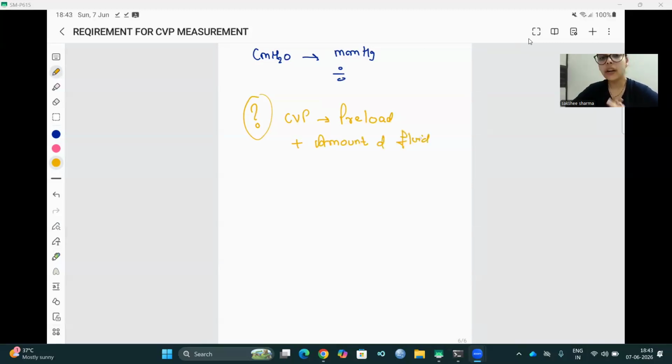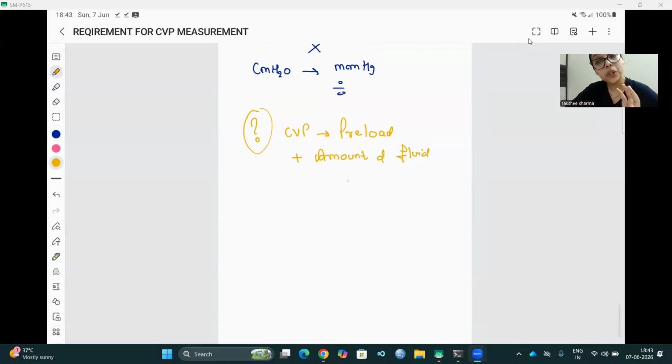Isn't it? With preload, we are also getting to know about the amount of fluid present in the body, whether it is increased or decreased. How?